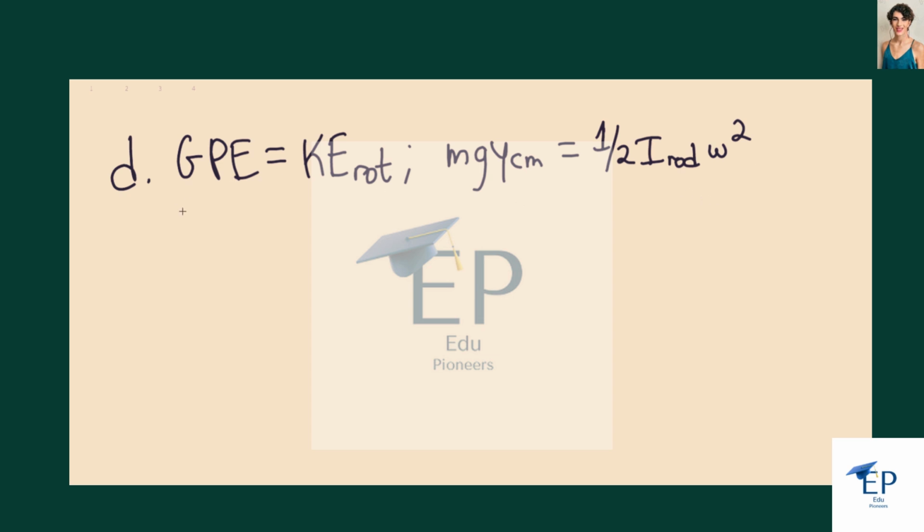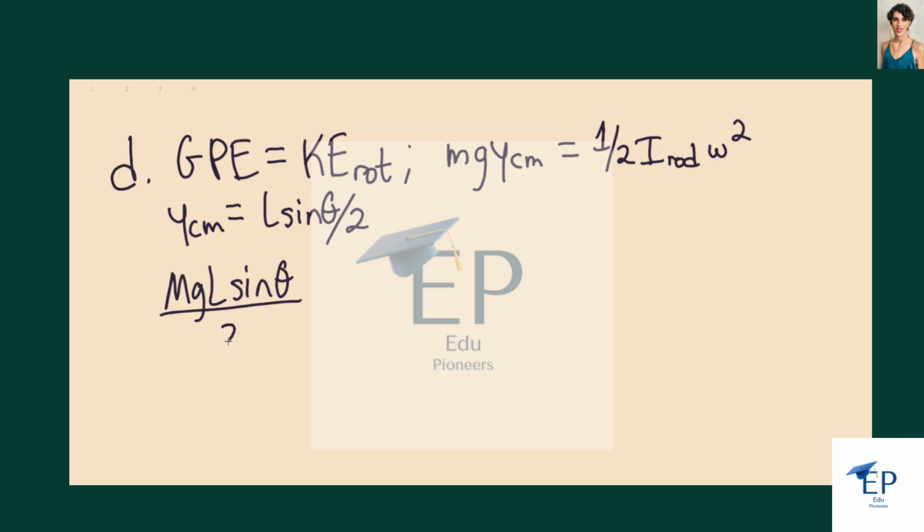And we know that y CM is going to be equal to L sine of theta divided by 2. So we can say that m g L sine of theta divided by 2 is going to be equal to m L squared omega squared divided by 6.